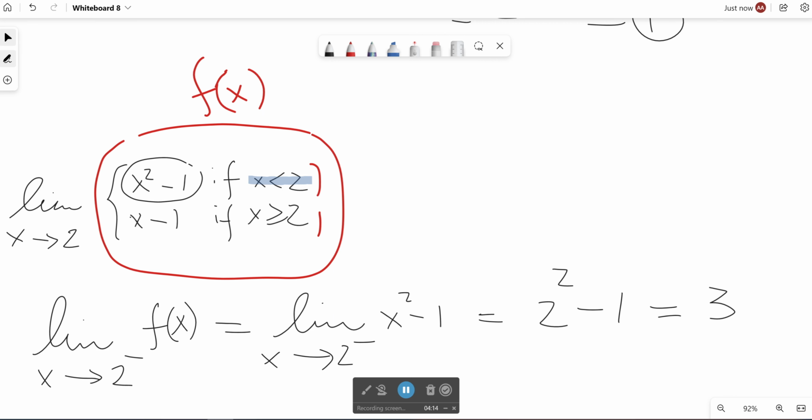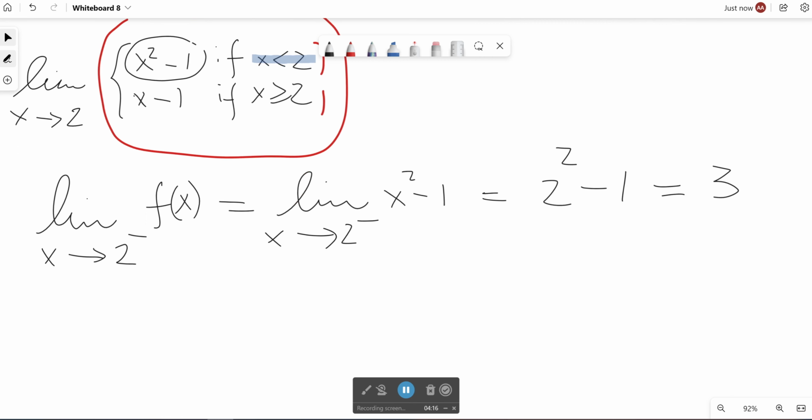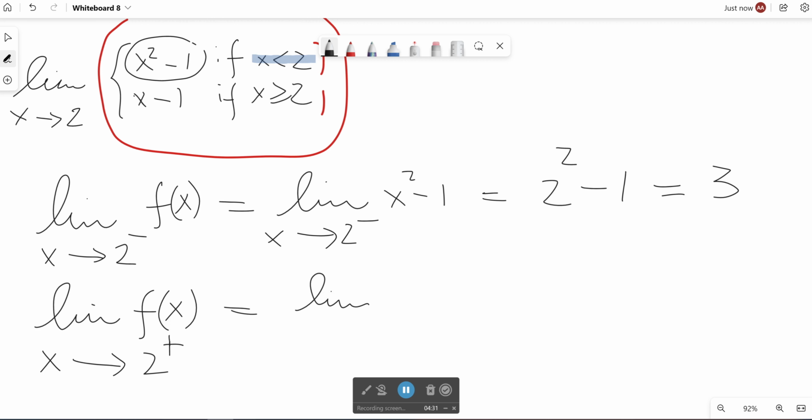To get the right limit, I proceed a similar way, which is I use the fact that my function is piecewise, and because I'm approaching from above 2, f of x takes on the value x minus 1.